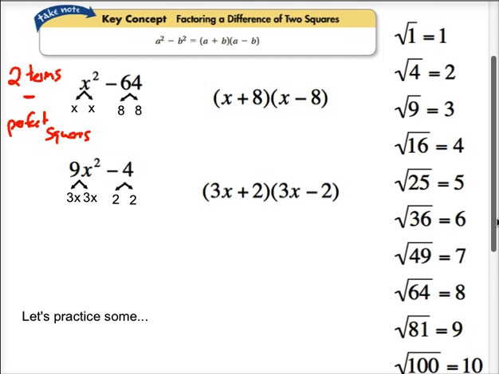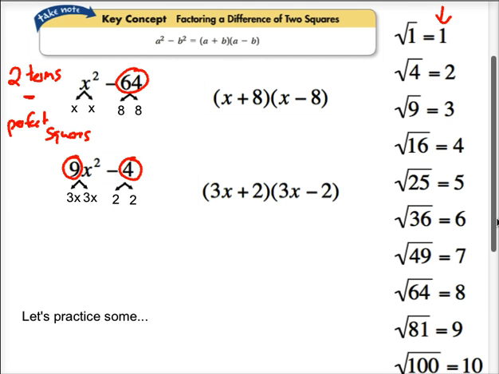All right, so when you have two terms, they're being subtracted and they're perfect squares. Now, what do I mean by perfect squares? Well, I'm talking about 64, 9, 4. All these numbers that I actually listed over here for you to be nice and convenient, those are your perfect squares.